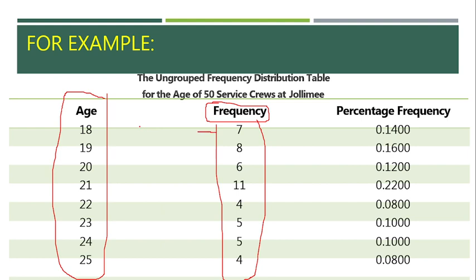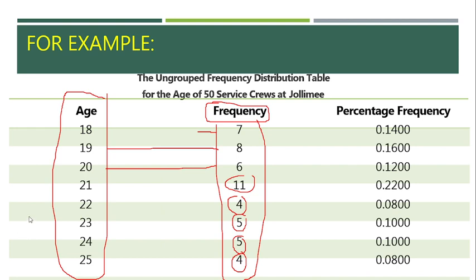There are 7 crews that are at the age of 18. How about for 19? There are 8 crews. For 20, there are 6. And so on. If you will notice, these are the frequencies.